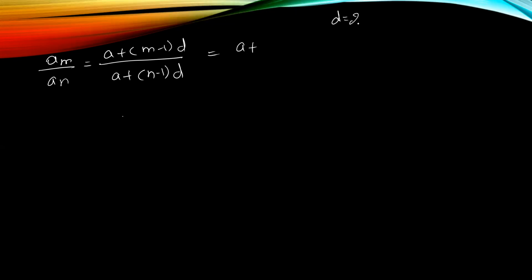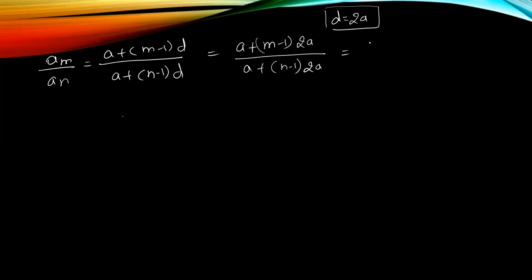Am upon An is equal to, we know, (a plus (m minus 1)d) upon (a plus (n minus 1)d). This is equal to a plus, what is the value of d? It's 2a. We found that on the last page, right? So a plus, I'm just putting in the value, (m minus 1) into 2a, upon a plus (n minus 1) into 2a.